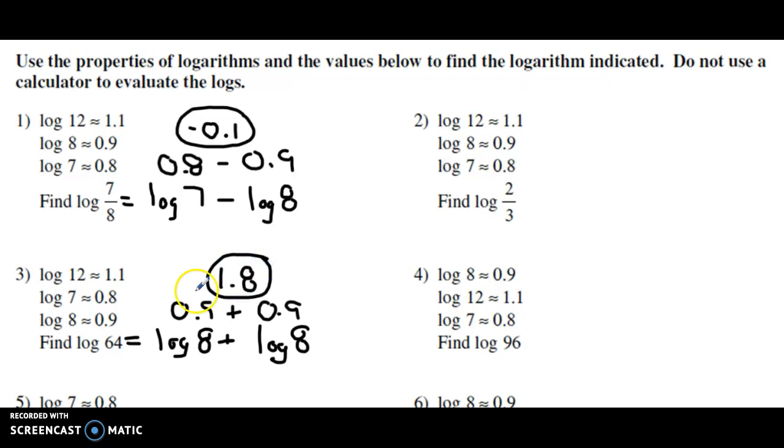So there we go. Now, there will be times when you'll have to work with your numbers a little bit. Case in point, number 2. If you look, you see I've given you log base 10 of 12, log base 10 of 8, and log base 10 of 7, none of which are factors of 2 or 3. So it's not really helpful knowing these if this fraction stays as 2/3.